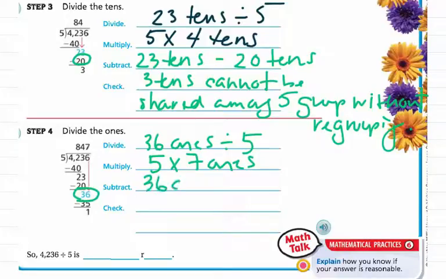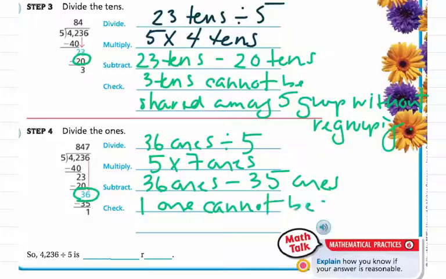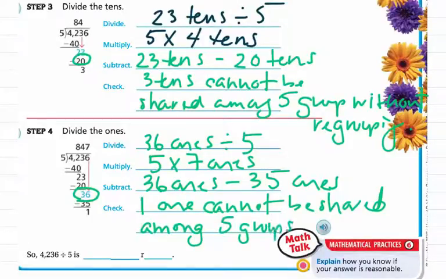So we have 36 ones minus 35 ones, and we get 1 one that cannot be shared among 5 groups. So 4,236 divided by 5 is 847, remainder 1. So whatever cannot be shared is left as a remainder.